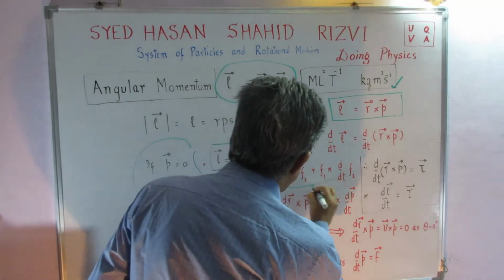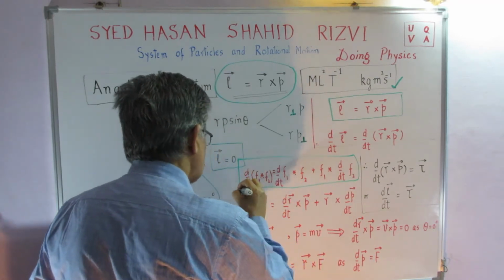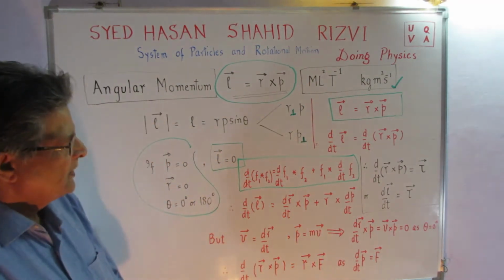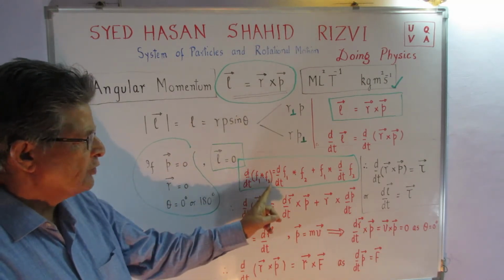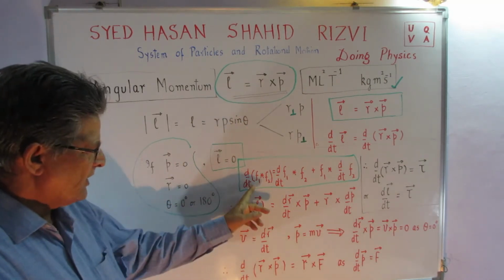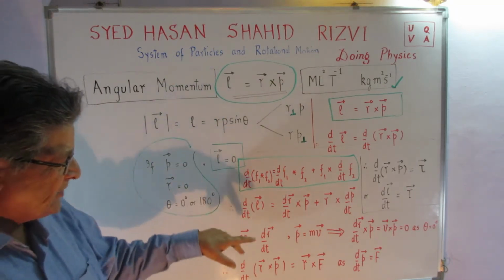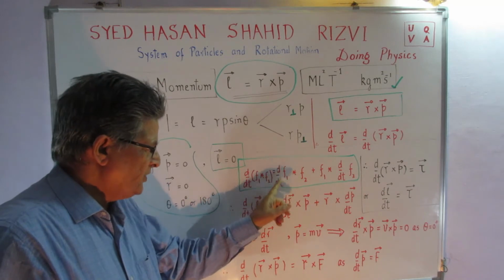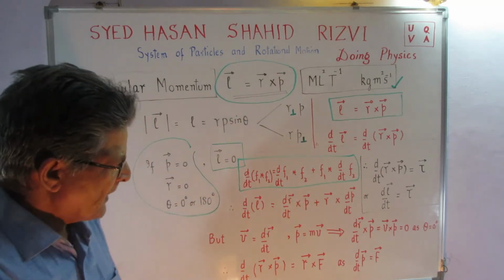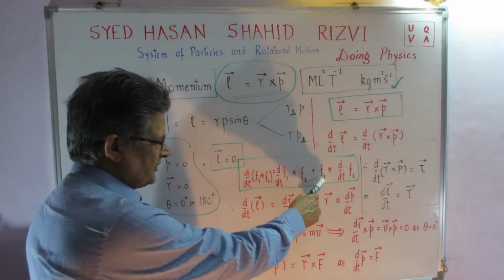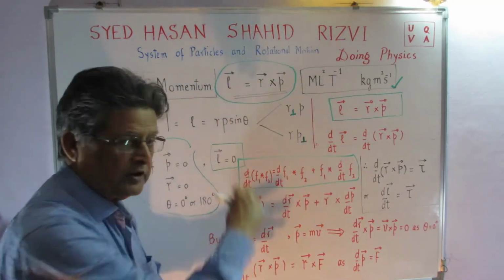So I write, and this is from differential calculus, that if we have a function which is the product of two functions, function 1(t) and function 2(t), then I can write this as the differential of the first function into the second function plus the first function into the differential of the second function. We can exchange the things.